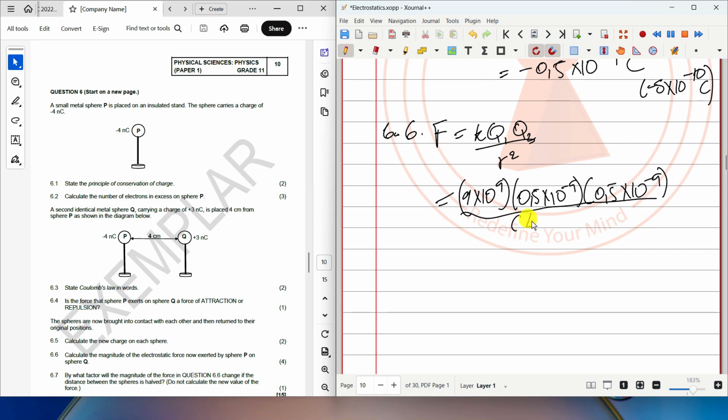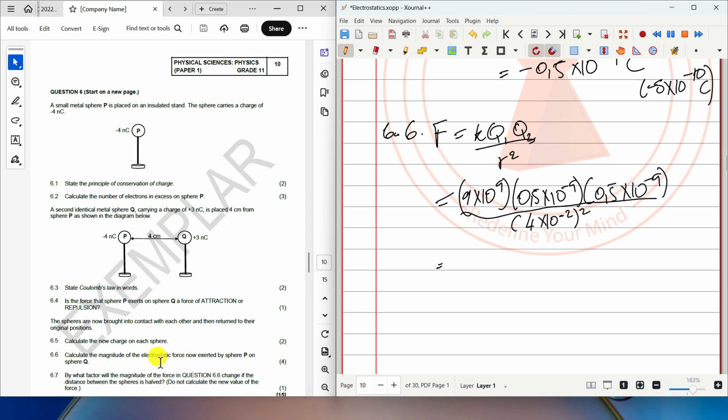So this is 4 times 10 to the negative 2, squared. Okay, let's get it. 9 times 10 to the 9, open bracket, 0,5 times 10 to the minus 9, close bracket, squared, over 0,04 squared. What is our answer?